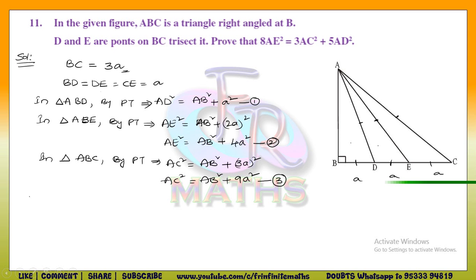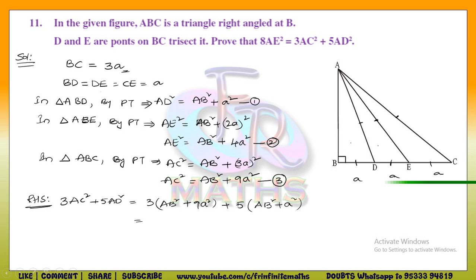So what is RHS here? 3 times AC square plus 5 times AD square. Now I can write this as 3 times AC square, which we already know is AB square plus 9 times A square, plus 5 times AD square. I can write it as AB square plus A square.